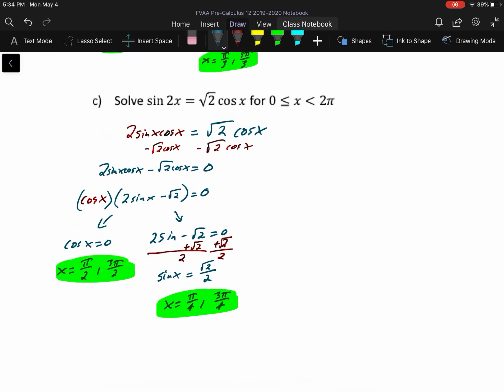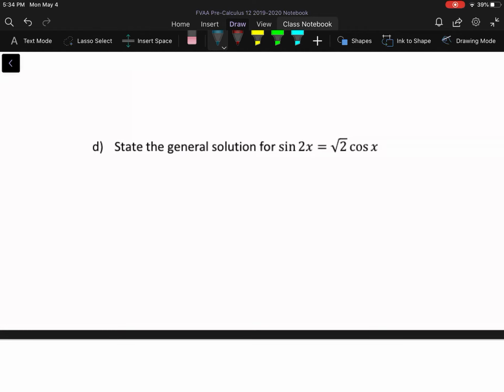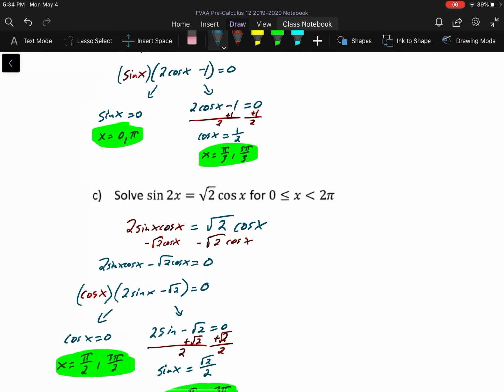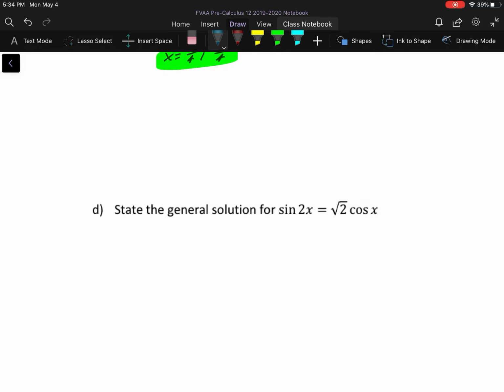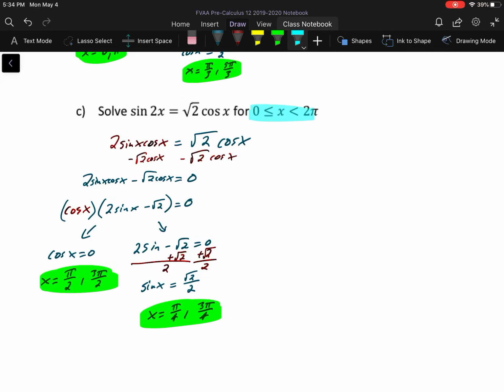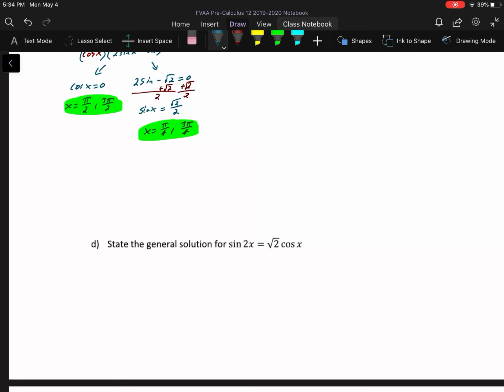So let's take a look here at general solutions for this problem. If I didn't have a limited domain, what would be my general solutions? Well, I have pi over 2, so x is equal to pi over 2.